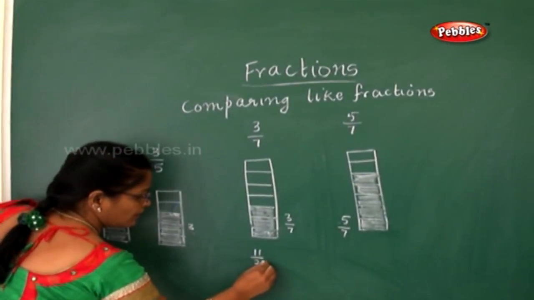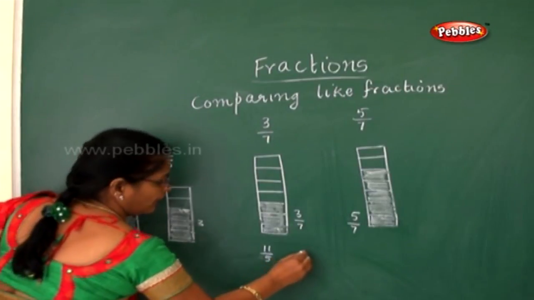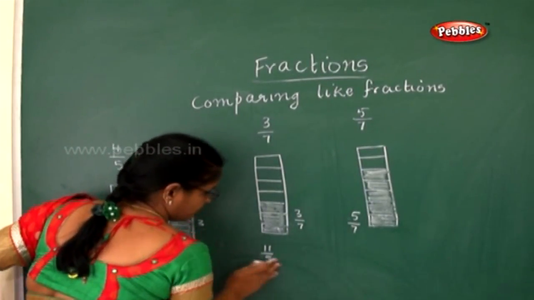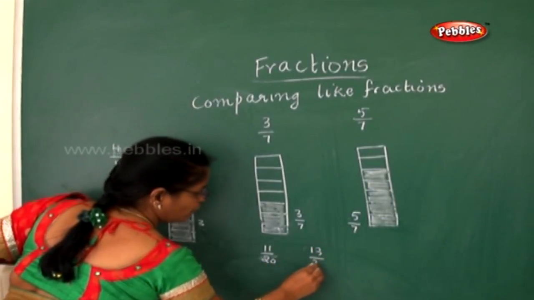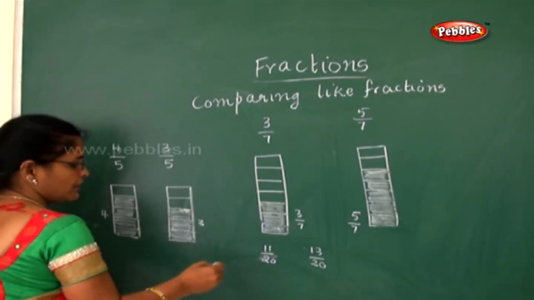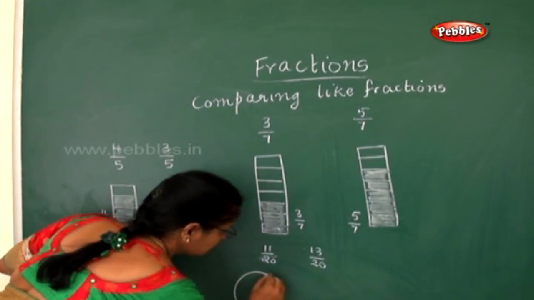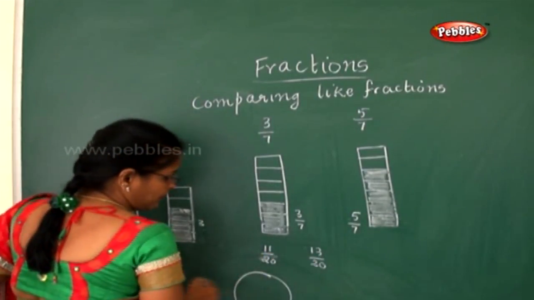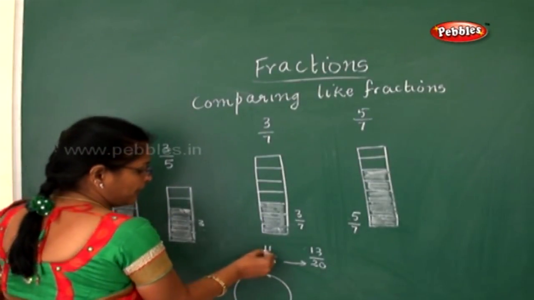11 by 20 and 13 by 20. See here, now tell me. See here in 11 by 20 and 13 by 20, the denominator is the same. But here the shaded part is 11.